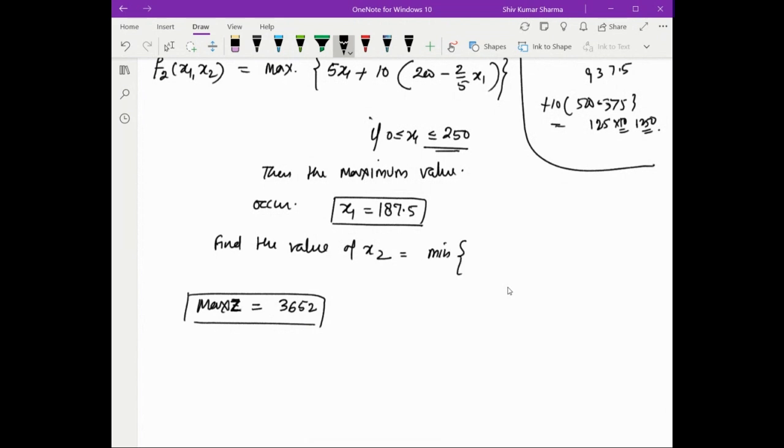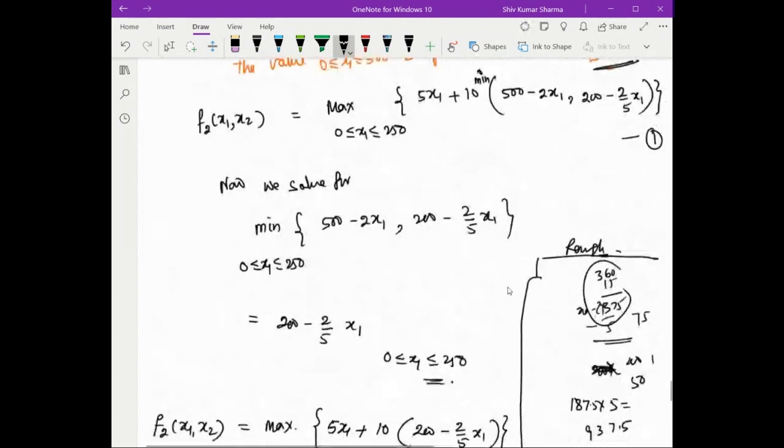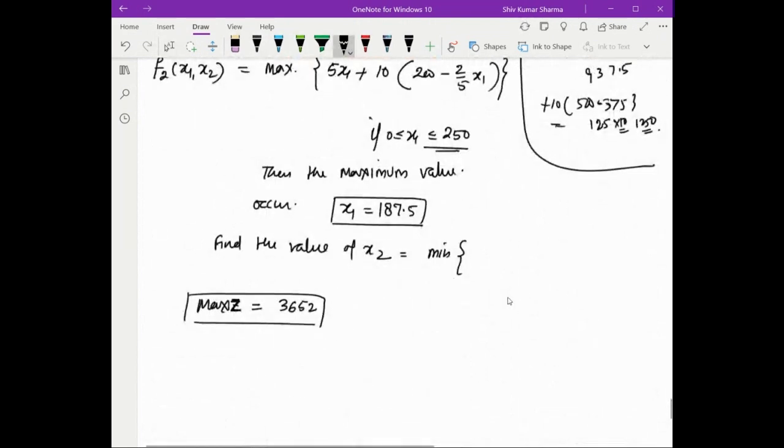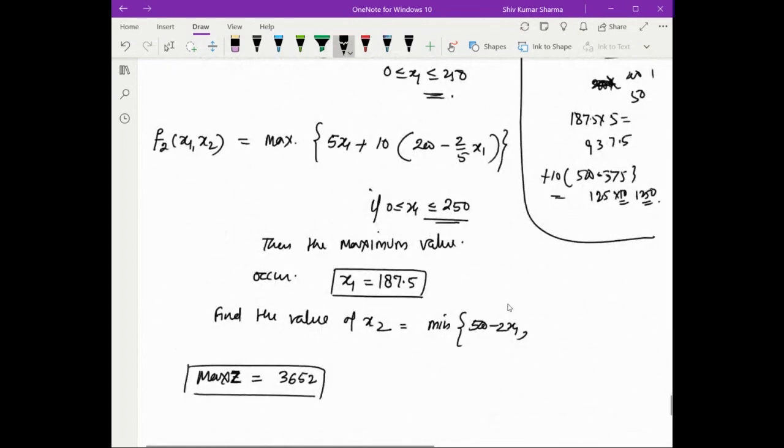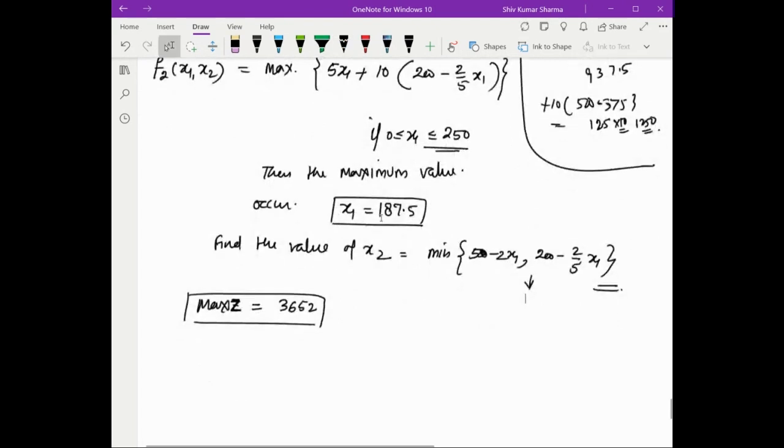Use the formula minimum of 500 minus 2x1 and 200 minus 2 upon 5x1. So put these values, that means the value of x1.